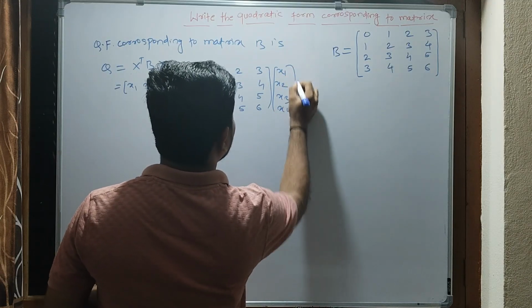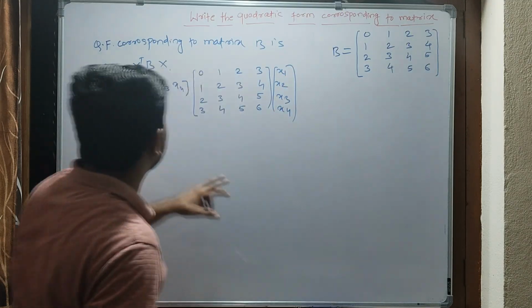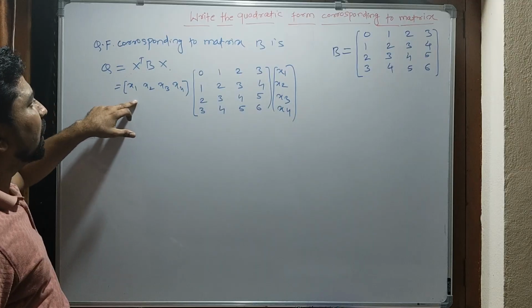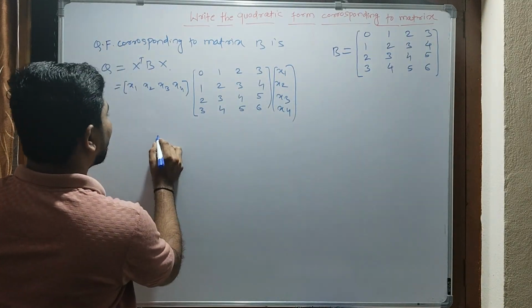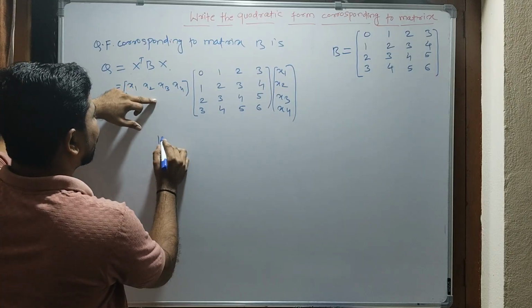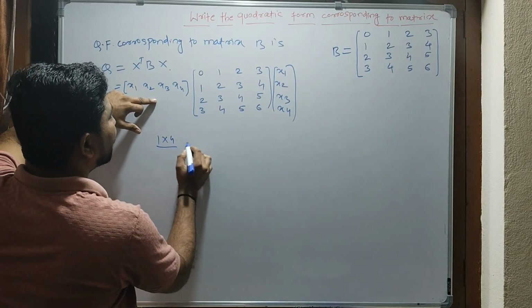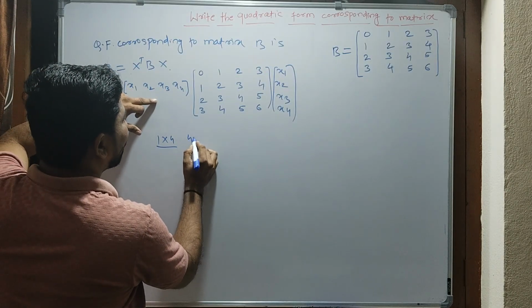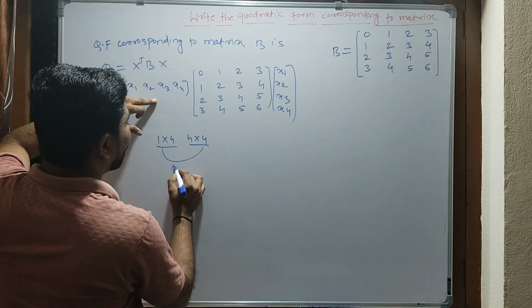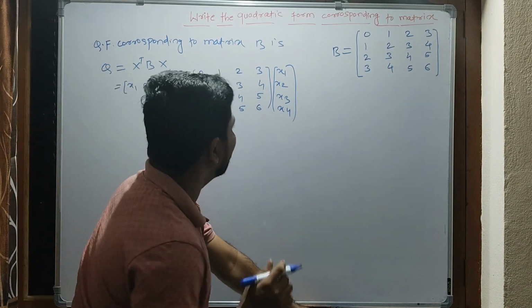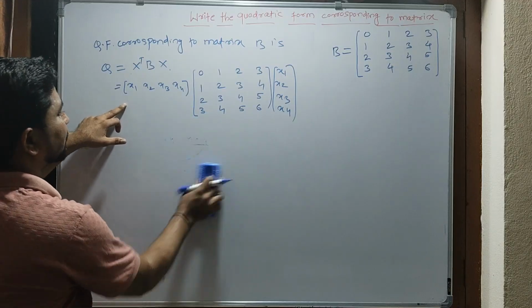This is a matrix of order 1 row 4 column and the second matrix is of order 4 row and 4 column, so the resultant matrix is of order 1 cross 4. First I will multiply these two matrices.